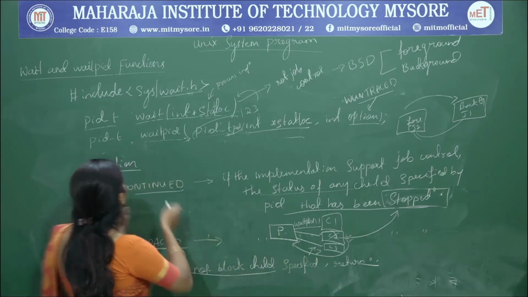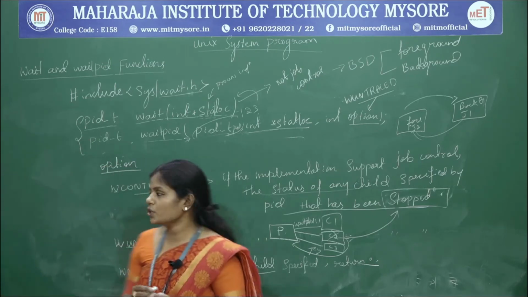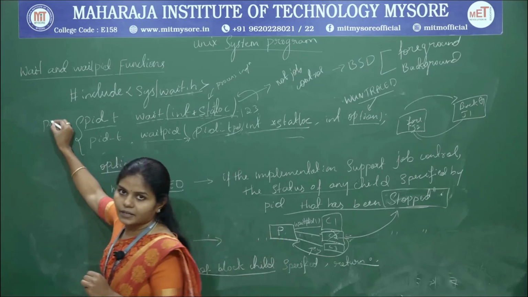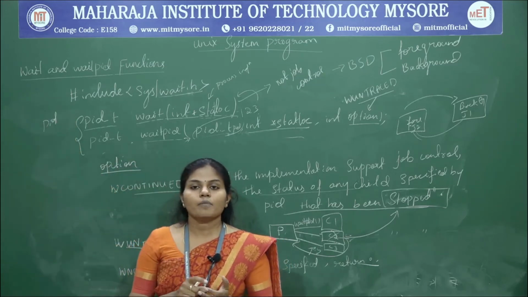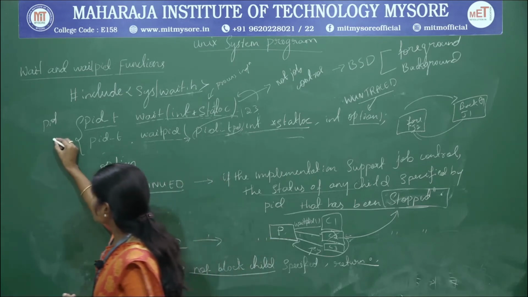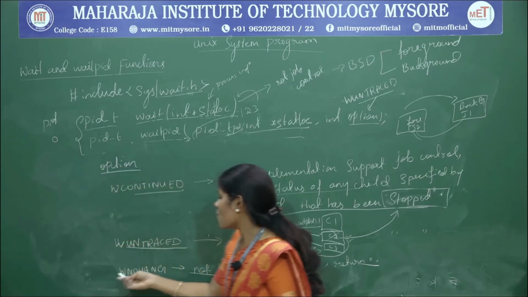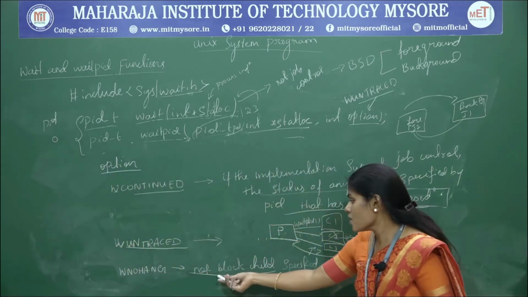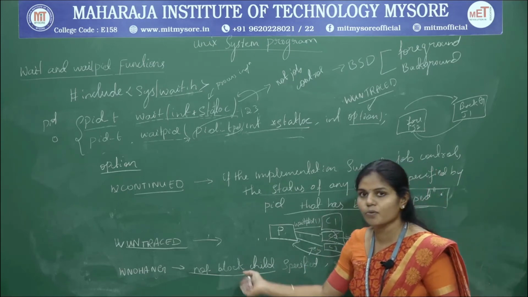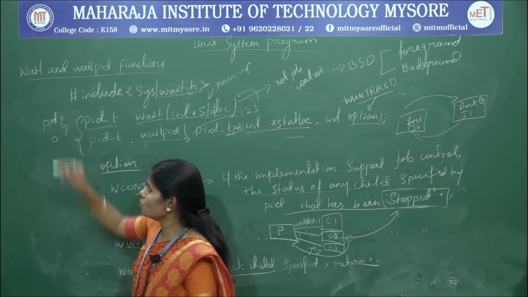So now wait and waitpid overall are going to return three important values. The first is the PID, the process identification number. Otherwise it is going to return the value 0: when WNOHANG, that is, not blocking the parent, is specified, it is not going to block, and in that case it returns the value 0.